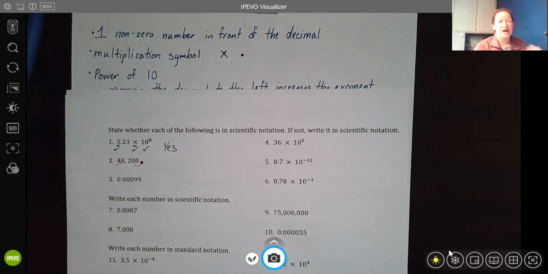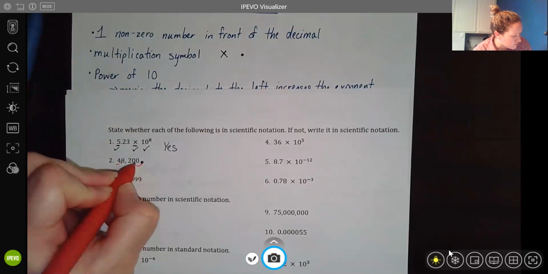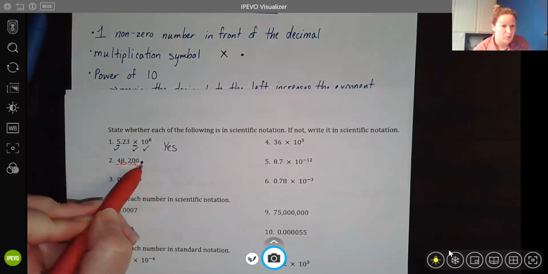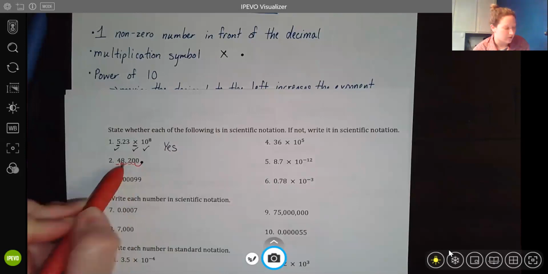So I need to count how many times am I moving this decimal, because that's my exponent. Okay, so I'm moving 1, 2, 3, 4 times to get my decimal from the very back of my number to in between the 4 and the 8.